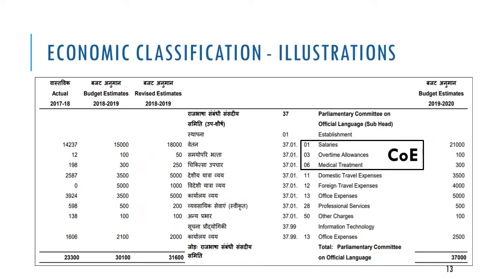Overtime allowances are treated as other benefits in cash, while expenditure on medical treatment is treated as social benefits in cash. The expenditure on travel expenses, office expenses, professional services, and other charges are marked as purchase of goods and services and goes into the intermediate consumption.